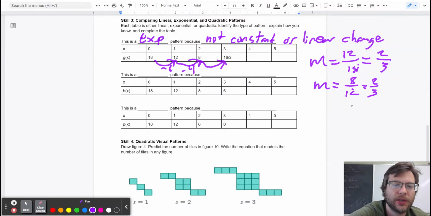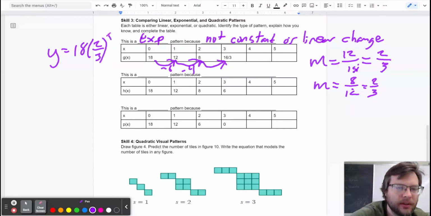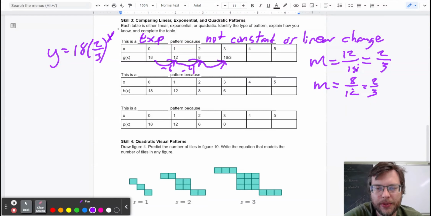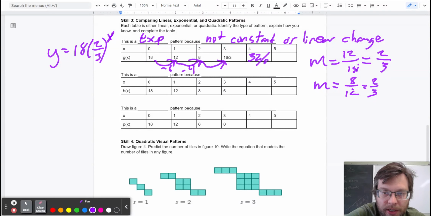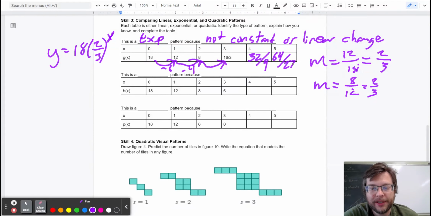So I know the equation for it is y equals 18 times 2/3 raised to the x power. And I know that to get the next values, I just multiply by 2/3. So 16, 32 over 3, 64 over 9. Believe it or not, those numbers are getting smaller.